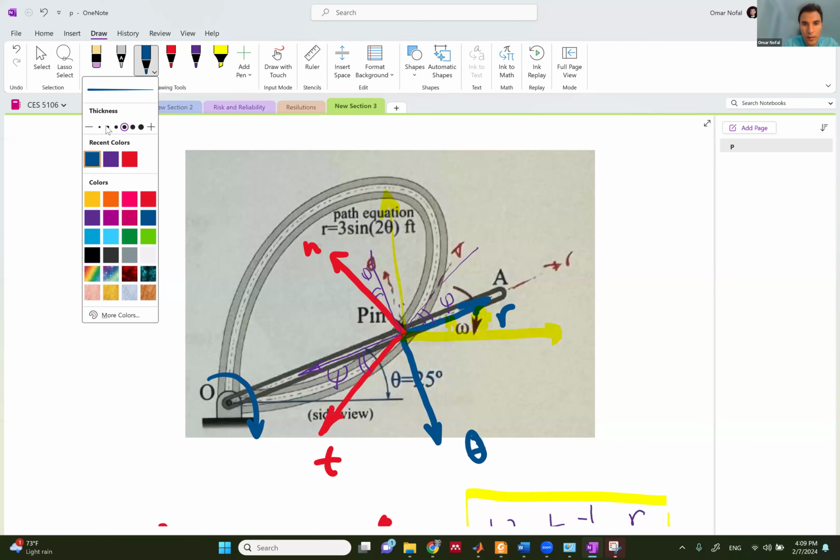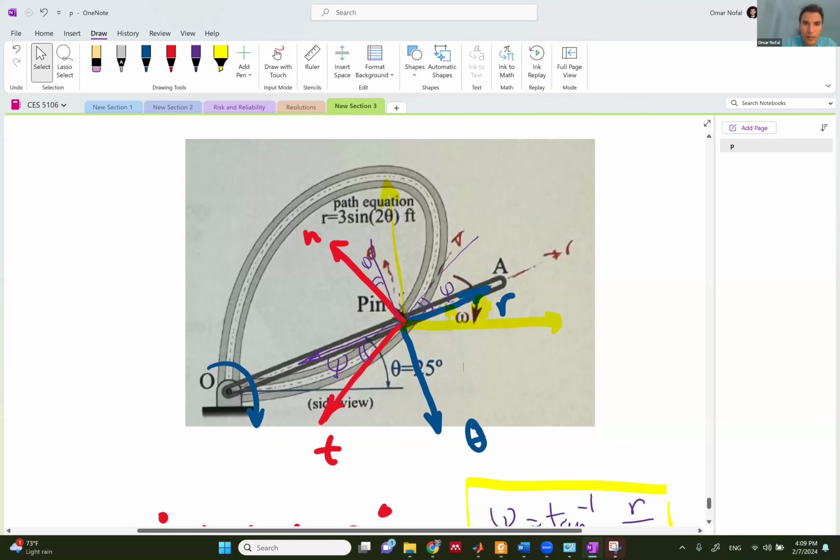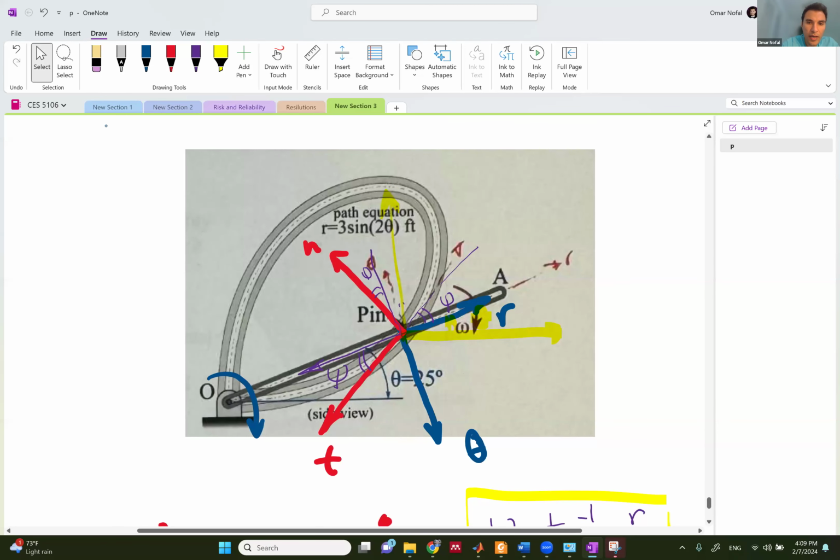Let's do it this way. Let's, for example, say that we have our arm here. This is our arm at this position. So P is the force pushing the arm as it's moving, so the force is always perpendicular to the arm.